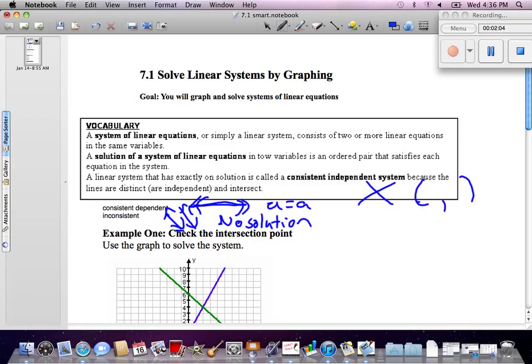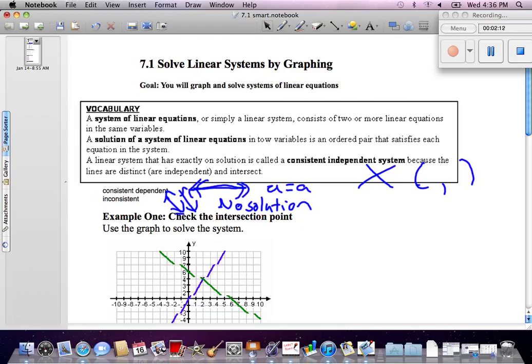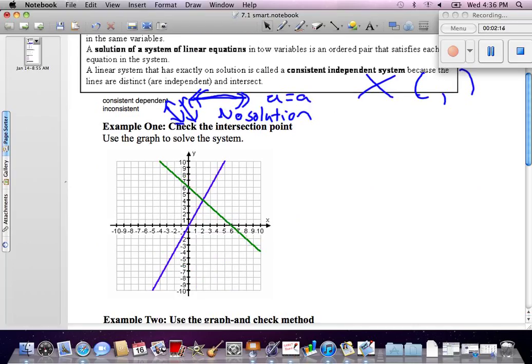And what I mean by consistent independent, where you have two lines that have a solution, we're going to look right here. We have two lines. They're both in y equals mx plus b. And they cross at a single point right here at 2, 4. Remember, we list the x first, the y second. And we can see that they cross at one point.